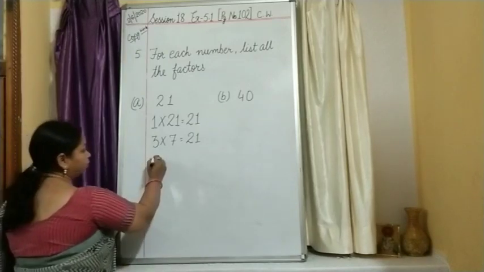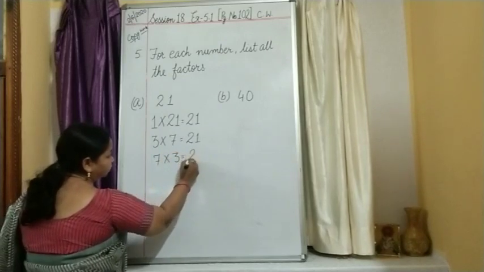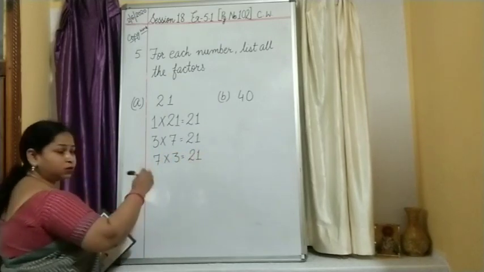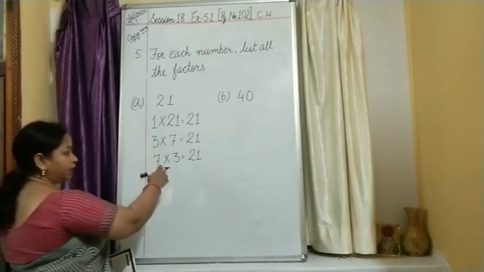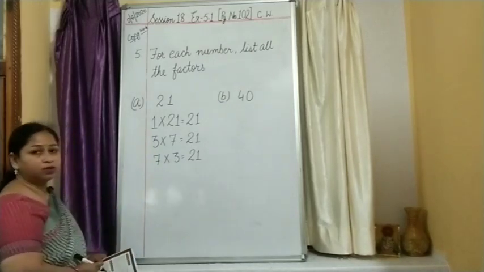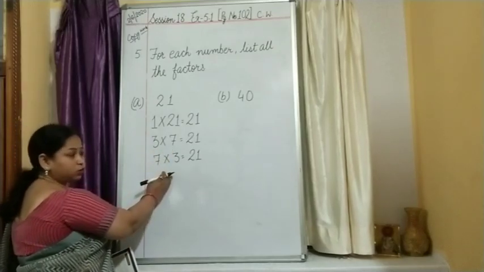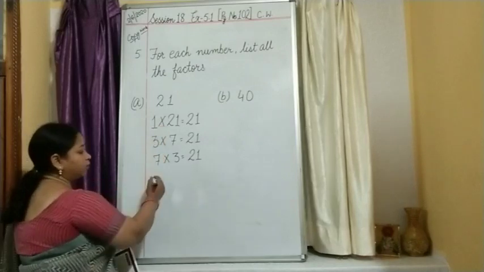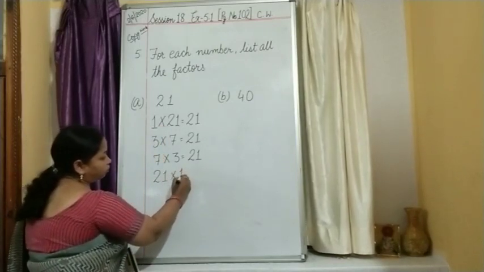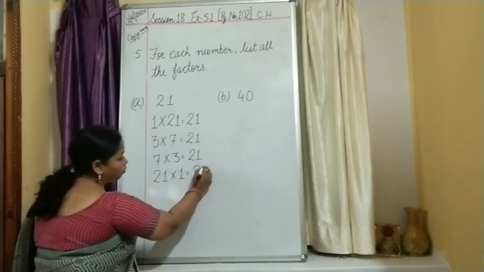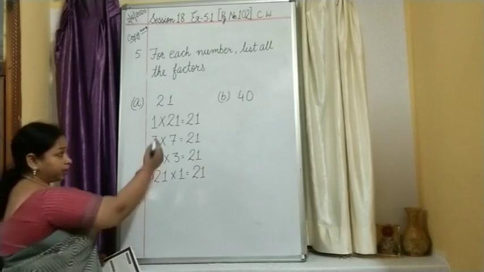So what we will do? We will write 7 3s are 21. But you see that I have already mentioned 3 7s are 21 and I am just getting the reverse of the 7 3s are 21. That means the moment you get the reverse of that, then easily you can just take a U-turn and you can write down for sure that there are no more numbers having 21 as a product except these.